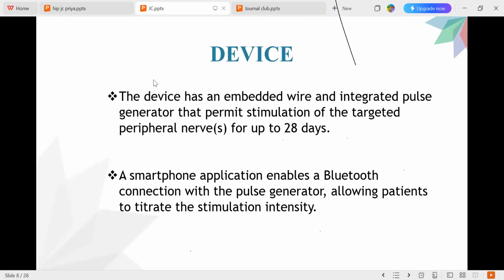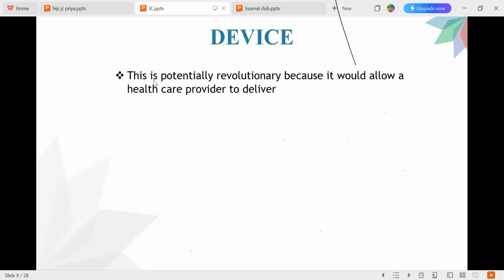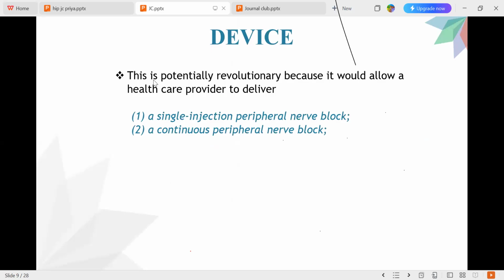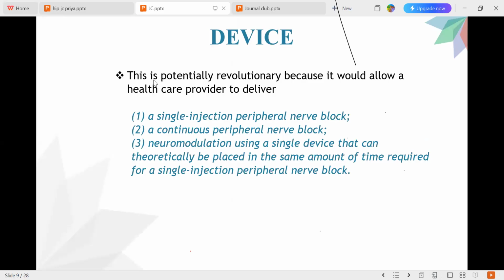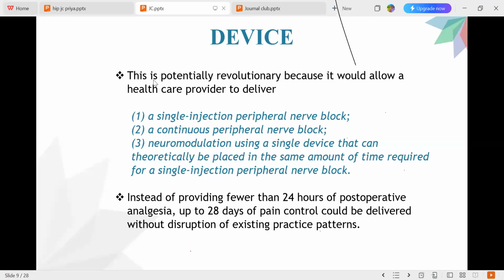This can be operated by the patient themselves, and they can alter their stimulation intensity according to their pain intensity. The author claims that this is a potentially revolutionary device because it would allow us to do a single injection peripheral nerve block, provide a continuous local anesthetic infusion, and also perform neuromodulation using a single device, which can be placed in the same amount of time required for performing a single injection peripheral nerve block.